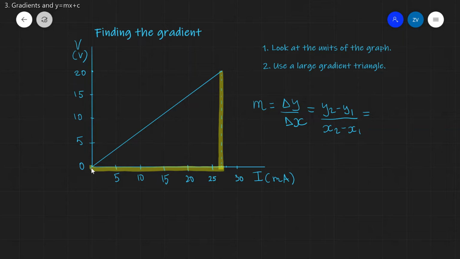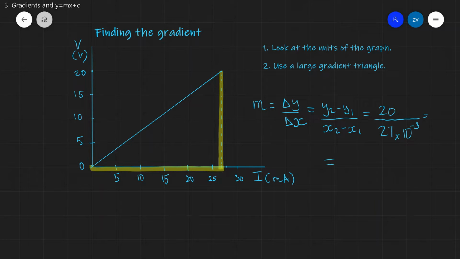If it didn't start there, we'd have to include a value and take that away too. But in this case, our y2 is going to be 20, and I'm not going to write minus 0 because y1 is equal to 0. Then I'm going to be dividing that by, let's see what the value is. So the midway point is 27.5, so just before that, call that 27 milliamps, so that will be times 10 to the power of minus 3.